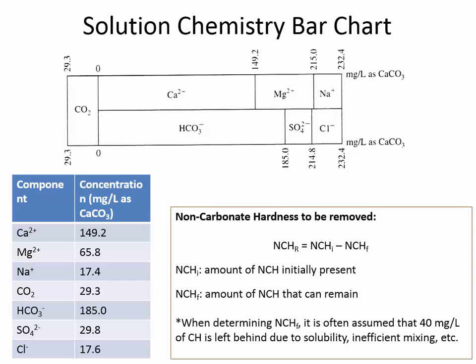So for the in-class exercise, take the table of water chemistry values and prepare a chart like this for part A, and answer questions like what is the initial carbonate hardness and the non-carbonate hardness, and then go through D. This flow chart will tell you the amount of lime required. So work together with your friends on parts A through D, and then we're going to do part E together because it's a little bit tricky. Of course, you're welcome to try part E, but it takes a little bit of experience to know the amount of soda that's required. So just A through D for now.